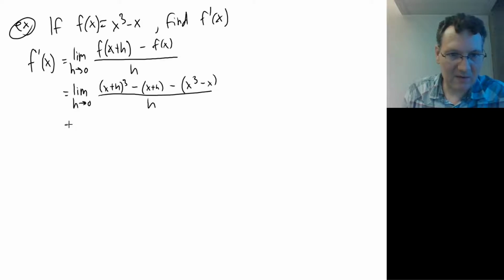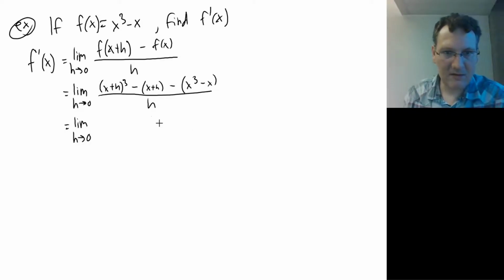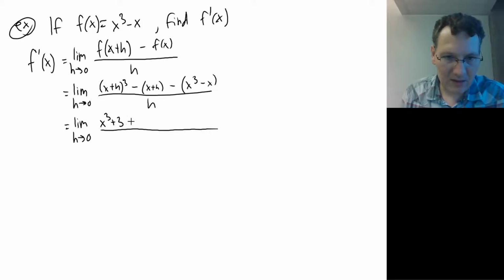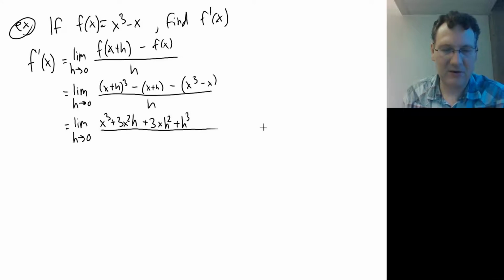Now, of course, we have to expand out all of these little pieces. So we're going to get x to the third plus 3x squared h plus 3hx squared plus h to the third. That's how you expand out this x plus h to the third.